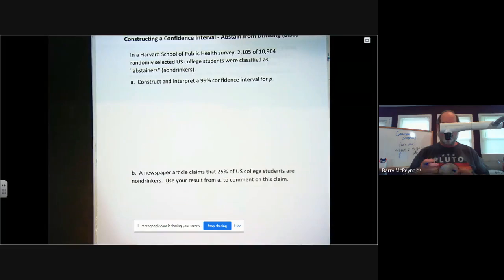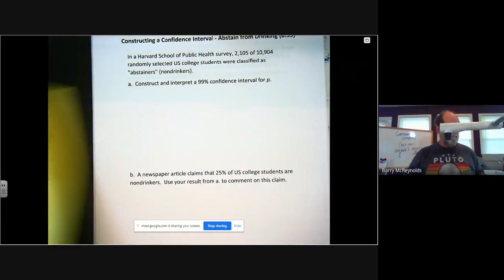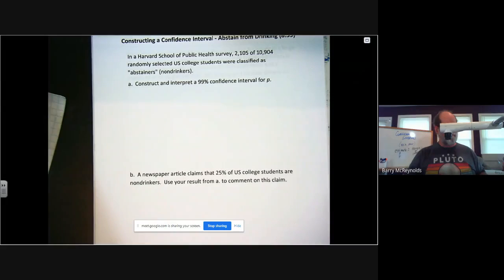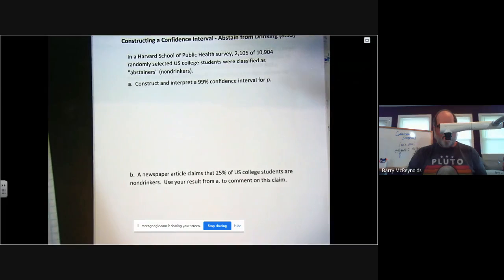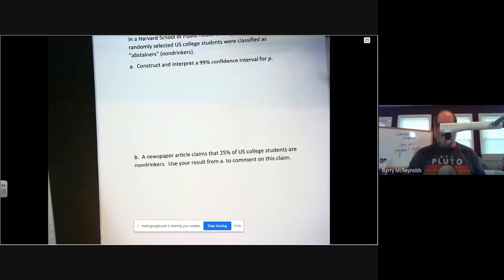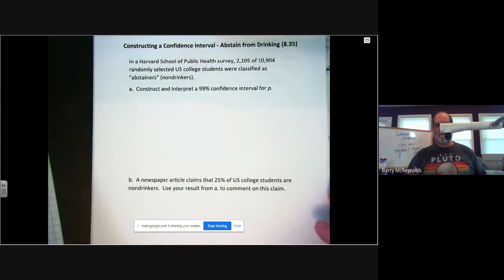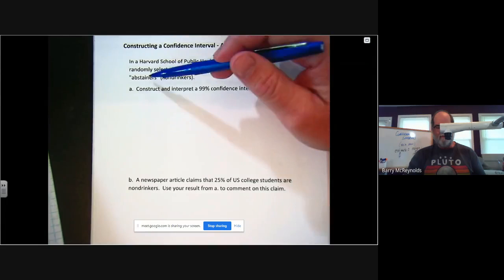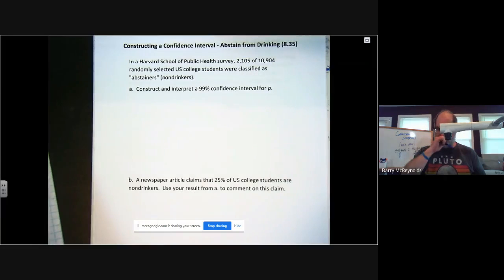But basically, the question is this. The Harvard School of Public Health conducted a survey of U.S. college students, and 2,105 of the college students out of 10,904 said that they were abstainers or non-drinkers.